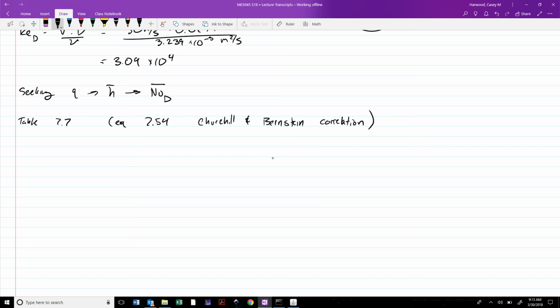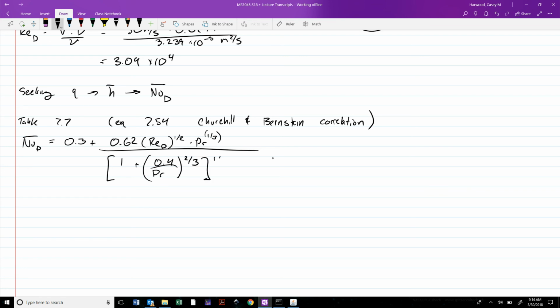So if we go to table 7.7, look that up, we end up with Nusselt number D is equal to 0.3 plus 0.62 times Reynolds number D to the 1/2 times Prandtl number to the 1/3, divided by [1 plus (0.4 over the Prandtl number) to the 2/3] all to the 1/4, times [1 plus (Reynolds number over 282,000) to the 5/8], all raised to the 4/5 power.